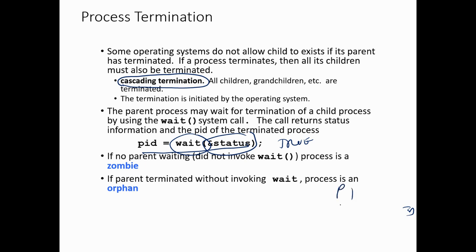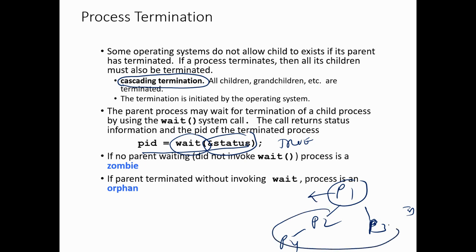Suppose I have processes P1, P2, P3, P4 arranged like this. If the parent process P1 terminated without invoking wait, in such a way that all the children have been terminated, then the process is going to be an orphan.